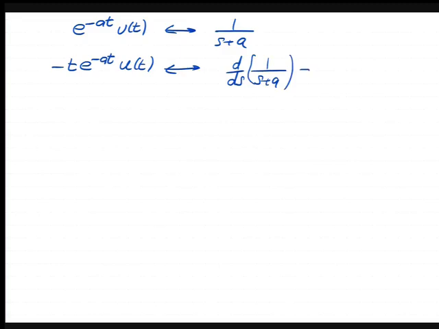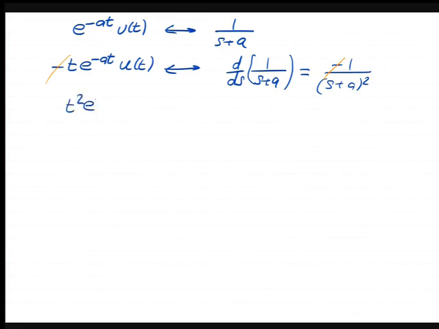And what is that? S plus a squared. Cool. And now let's just get rid of this negative sign here. So that means t times e to the negative at will give us 1 over s plus a squared. Right? I can do that again.